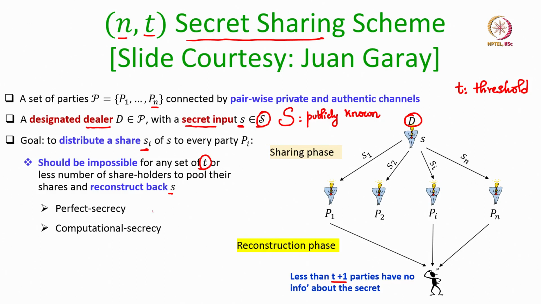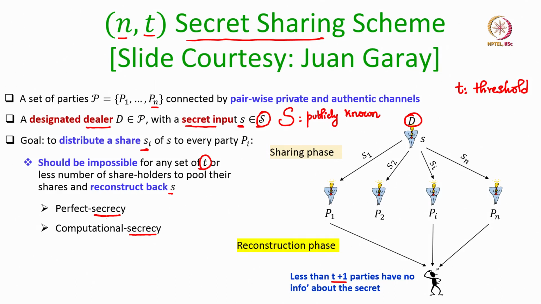Now, we can have two flavors of privacy or secrecy here. So, the secrecy property is that any subset of t shareholders should fail to learn the dealer's secret. Now, depending upon whether those t shareholders are computationally bounded or computationally unbounded, that means, whether their computing resources are finite or infinite, the notion of secrecy that we achieve is called perfect secrecy or computational secrecy appropriately.